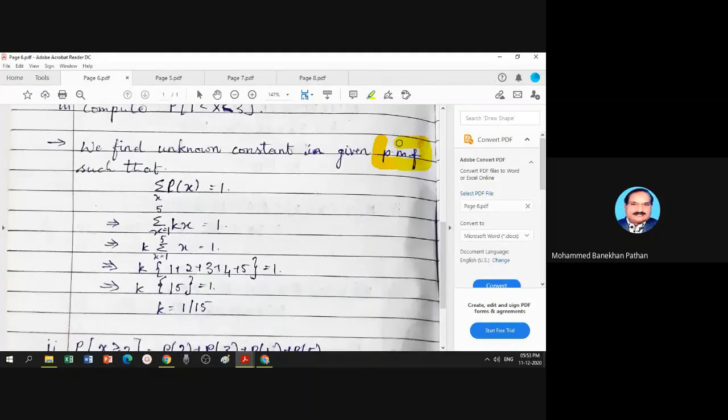What is a PMF? Any function which takes non-negative values and whose total should be 1. So this is your condition to get the value of the unknown constant in a given PMF, or you may call it a given probability distribution: summation P(x) should be 1.